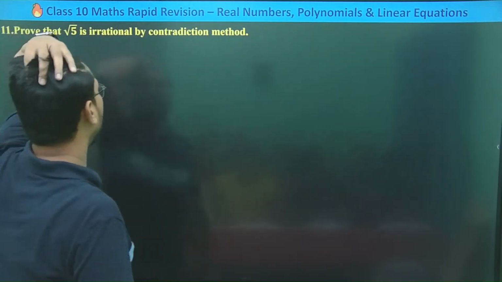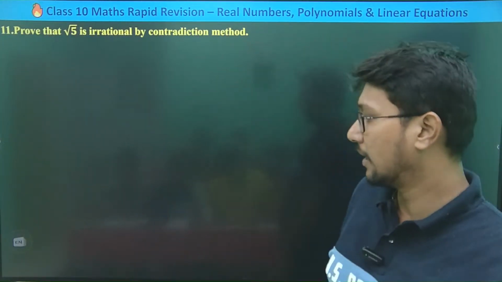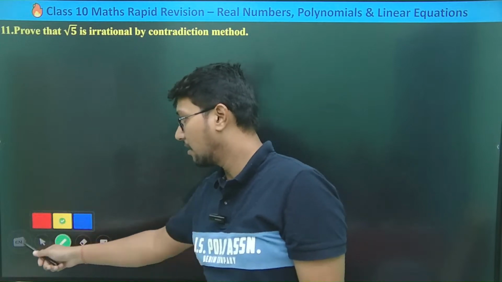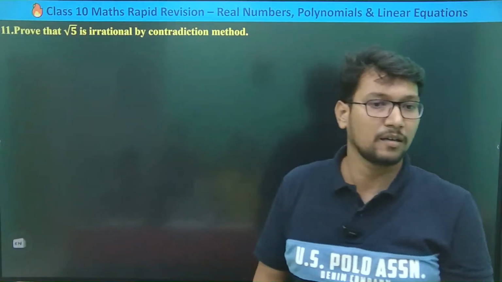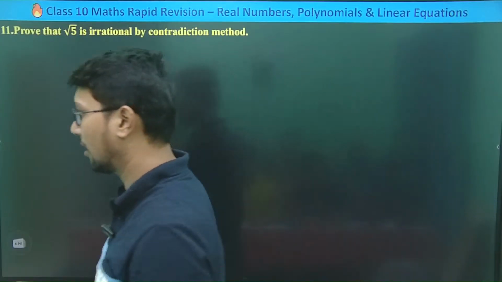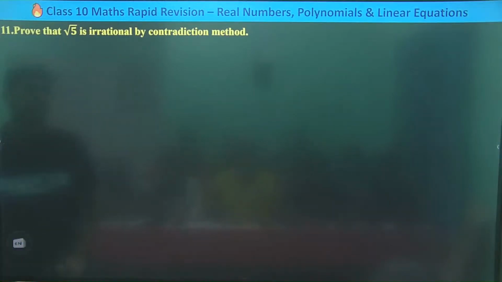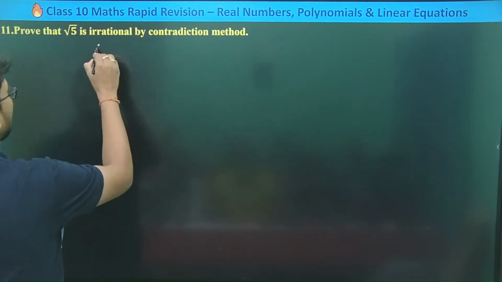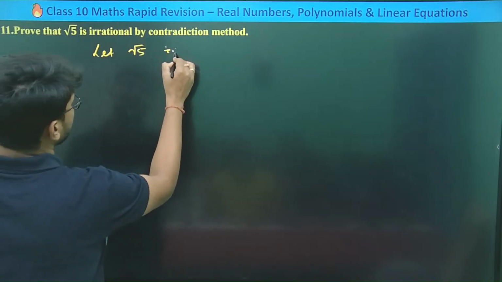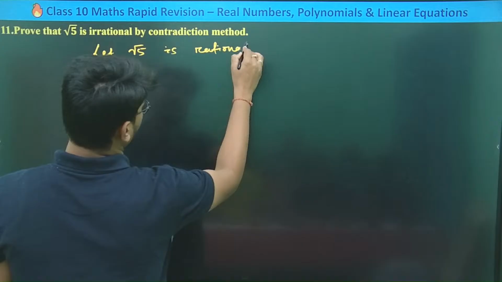Prove that root 5 is irrational by contradiction method. Come on, solve it by contradiction method, children. What will we write? Let root 5 be rational. Okay?